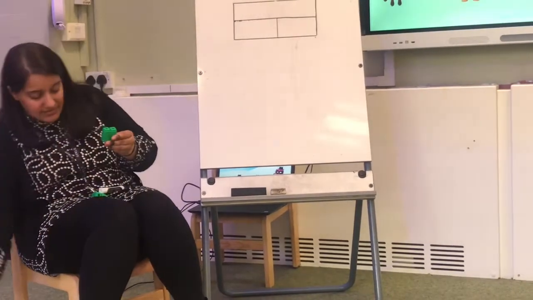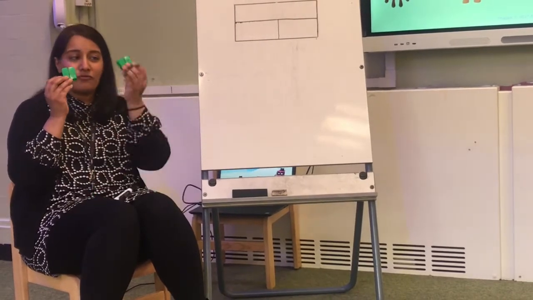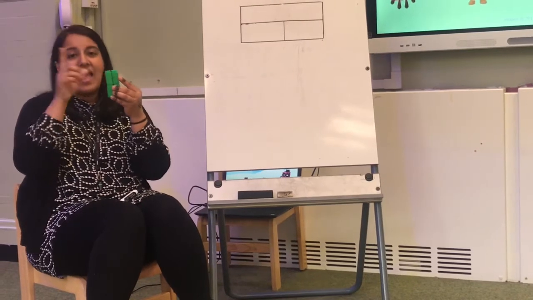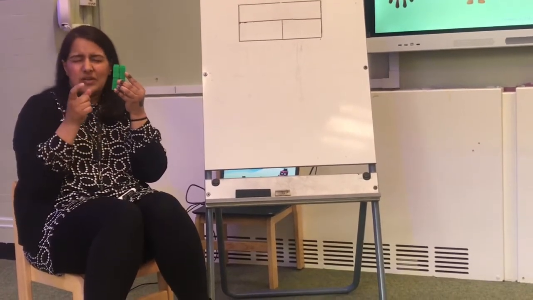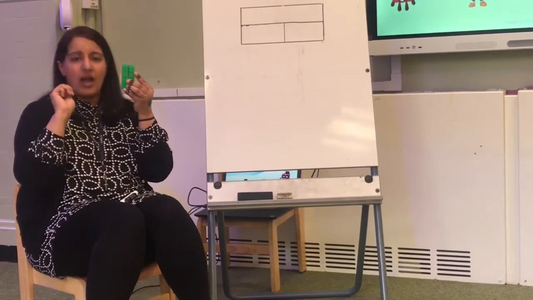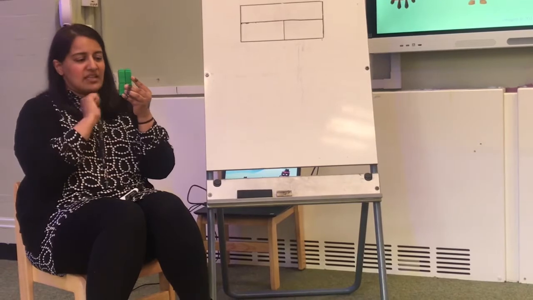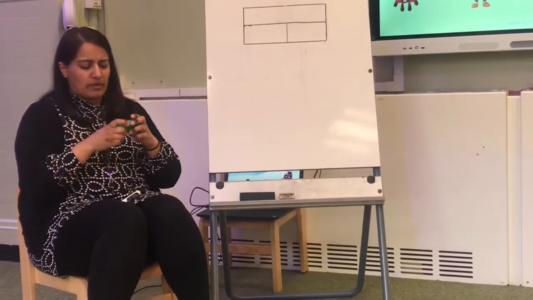Okay, so let's pop that down. 4 add 4 equals 8. Well done. We know our 8 number block is purple and different in colour, but we know 4 add 4 equals 8. Fantastic.